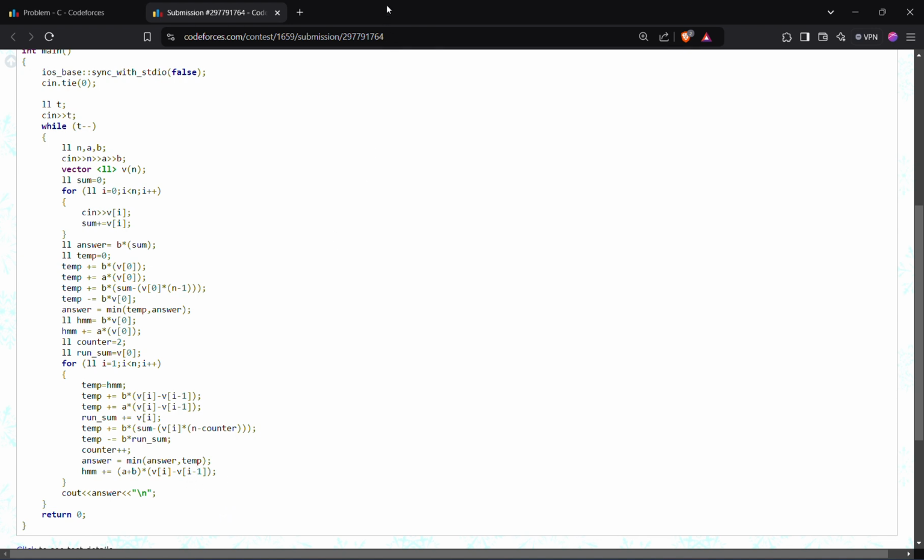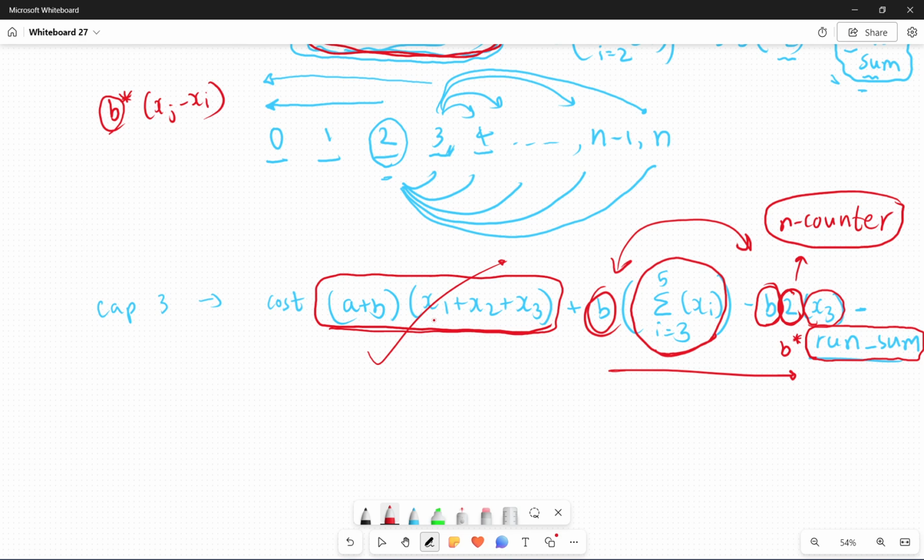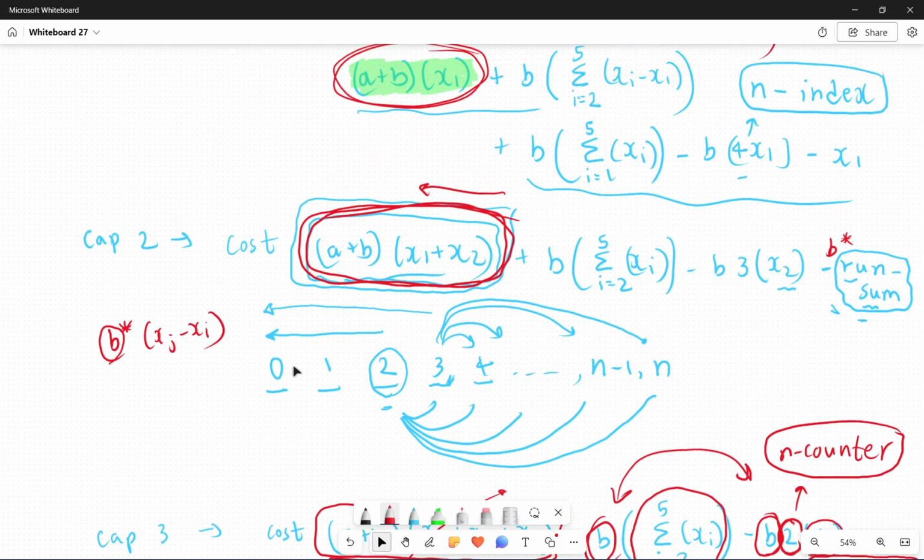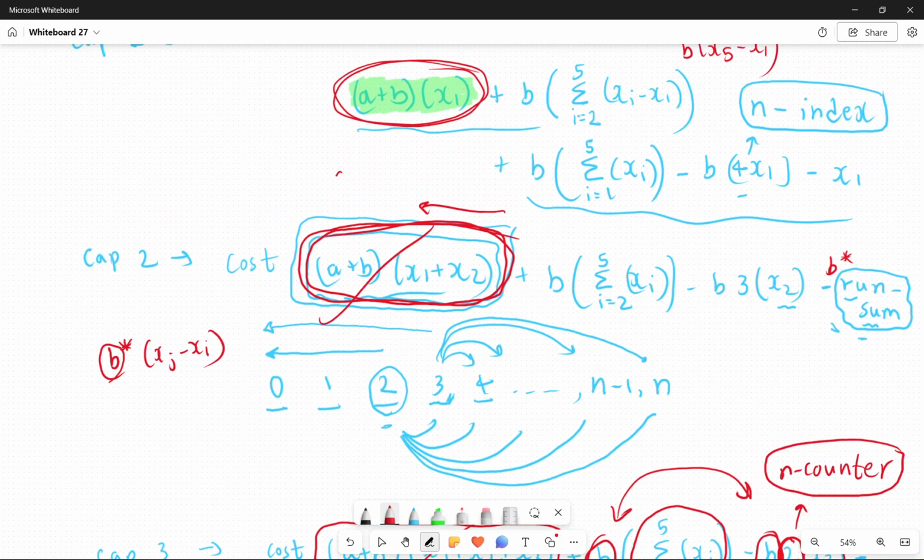Okay, wait. Sorry, and here also it won't be x1 plus x2 plus x3, right? It will be a plus b into x3. Here also it will be a plus b into x2, x2 only.